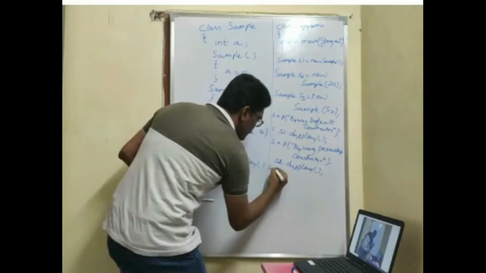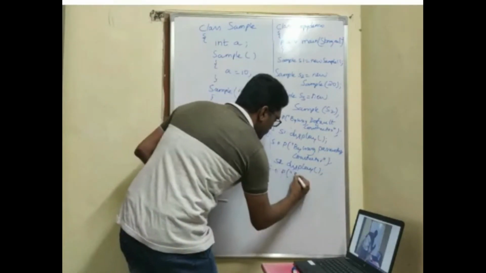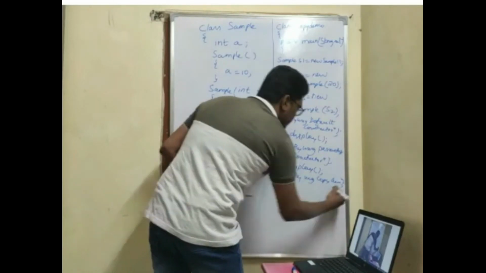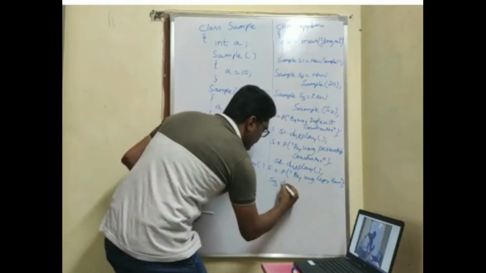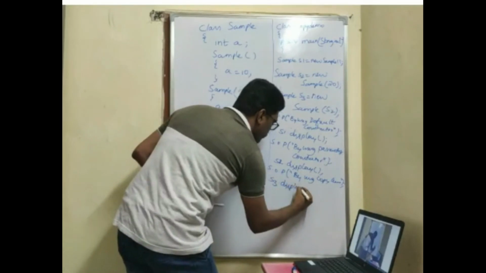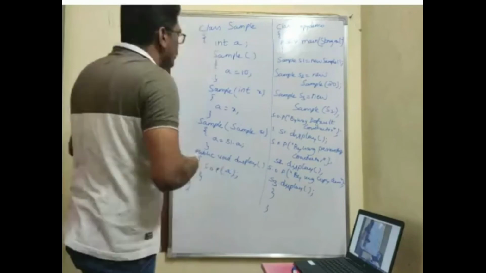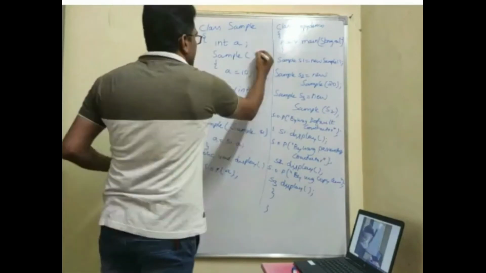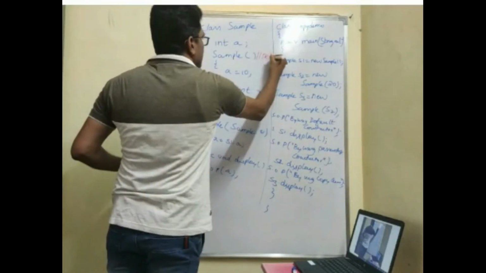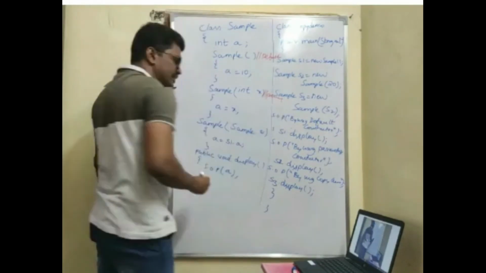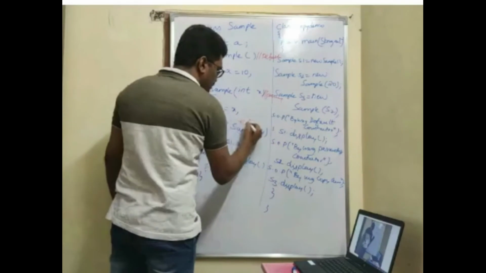The last one is by using copy constructor, s3 dot display. Okay, so now you see here. This is my default constructor. This is my parameterized constructor, and this is my copy constructor.